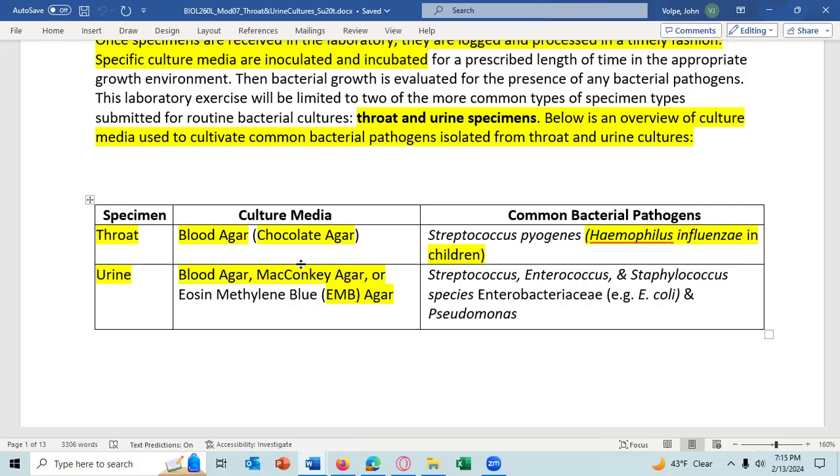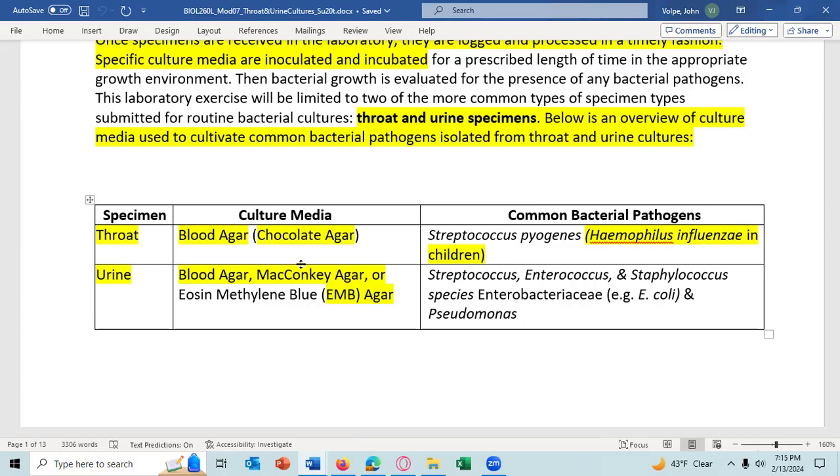We grow Streptococcus pyogenes on blood agar because it is a fastidious organism. It will not grow on a general purpose media, but blood supplies the nutrients that Streptococcus pyogenes needs. And so it will grow on blood agar.